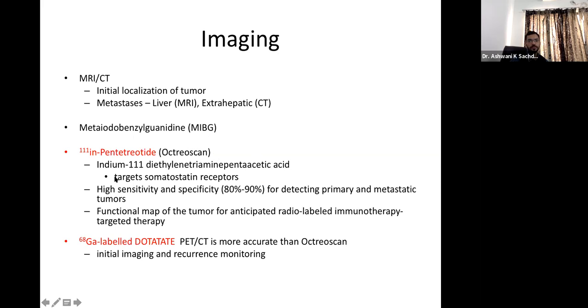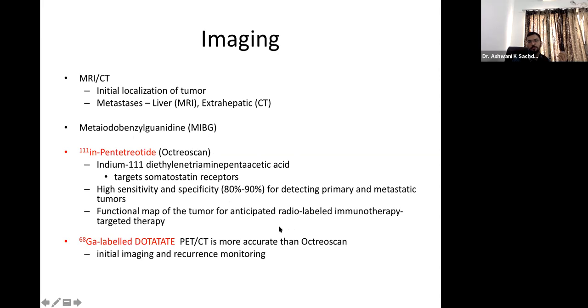Octreoscan uses indium-111 diethylenetriamine pentaacetic acid. They target the somatostatin receptors. It has a high sensitivity and specificity for detecting primary and metastatic disease.